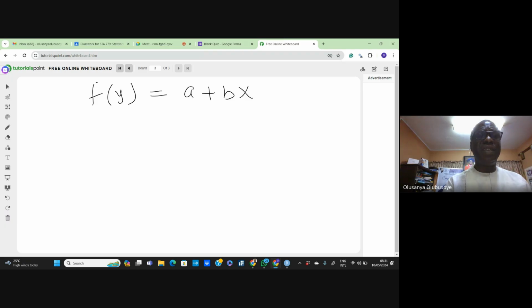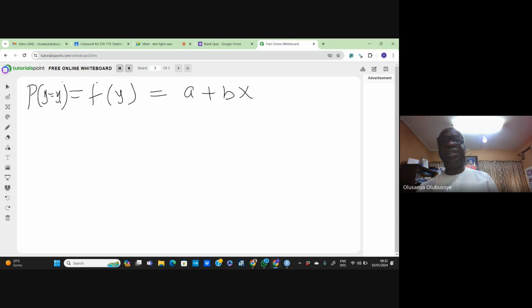Now, in the logistic function, this is also like calculating the probability that y takes a particular value. So this is the probability that y takes, let's say, y1. So this is also calculating probability. But you know your y here is continuous. Yes, sir. It can take any value.